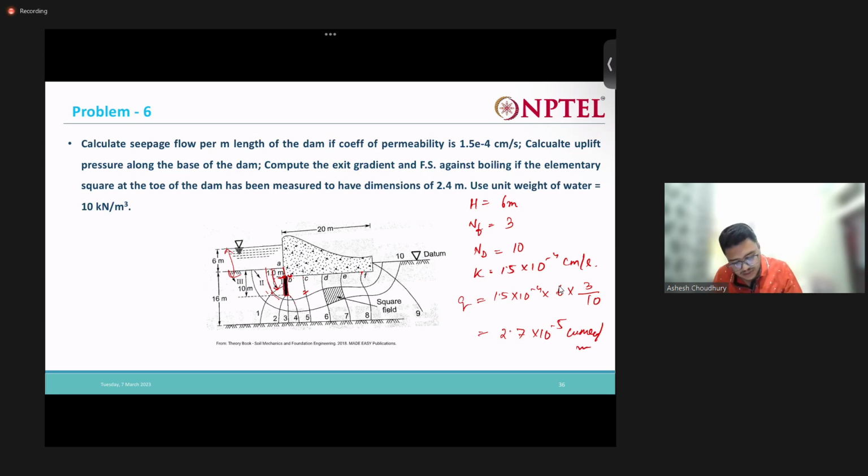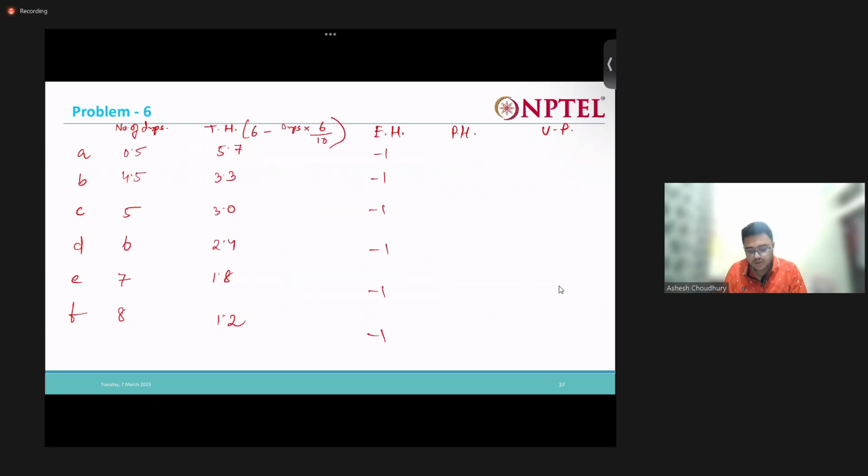So now what is my pressure head? Total head minus elevation head. So for the first one it will be 6.7, 4.3, 4, 3.4, 2.8, 2.2, right?